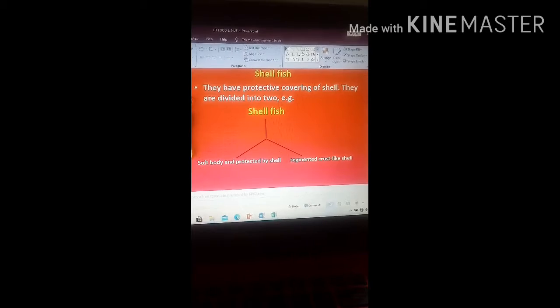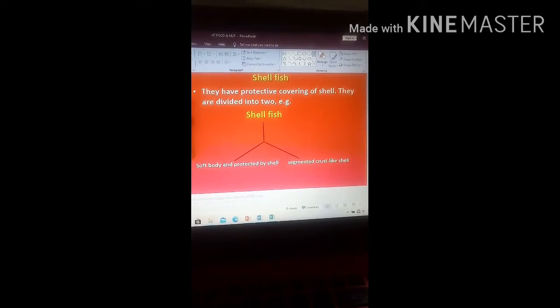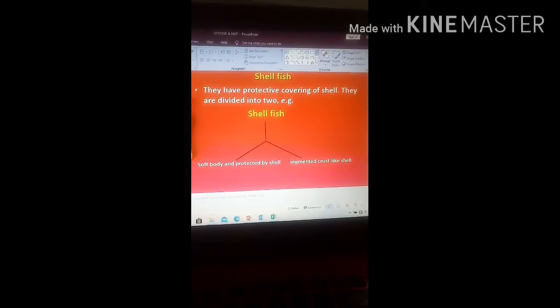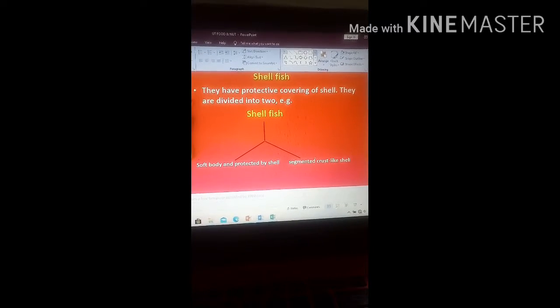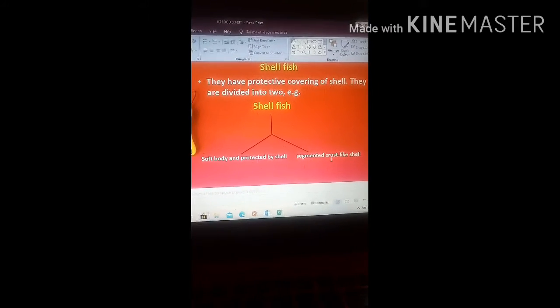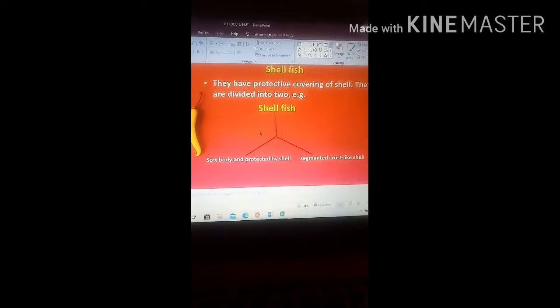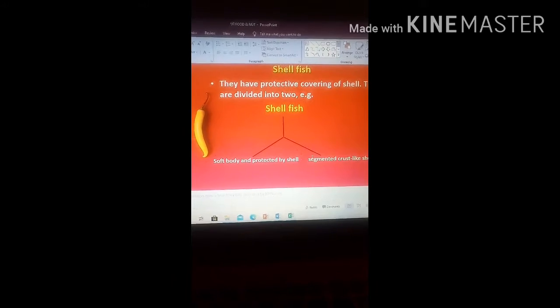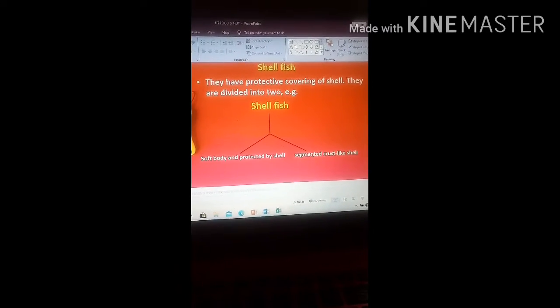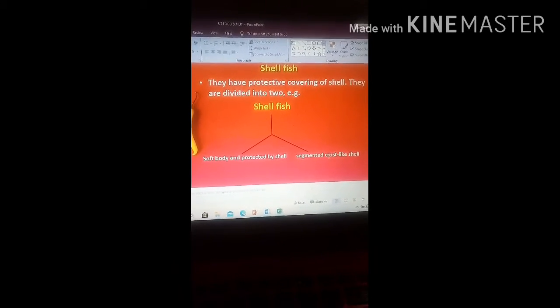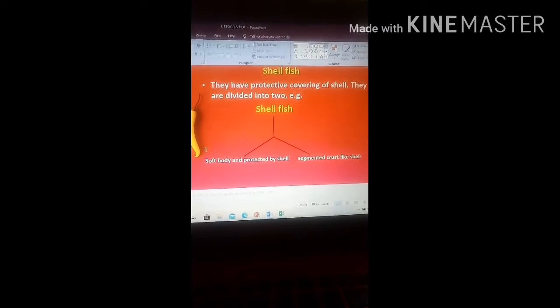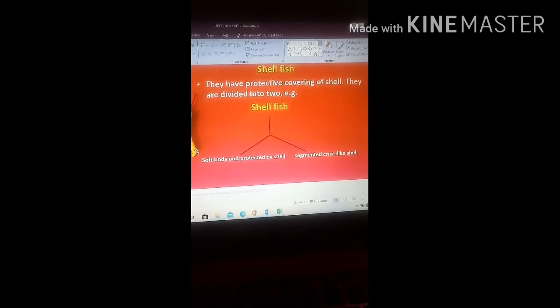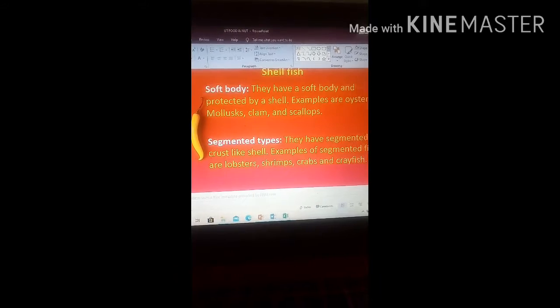We have the soft body shellfish that are protected by their shell, and then we have segmented shellfish, which have a crust-like shell. So these are the two categories of shellfish.